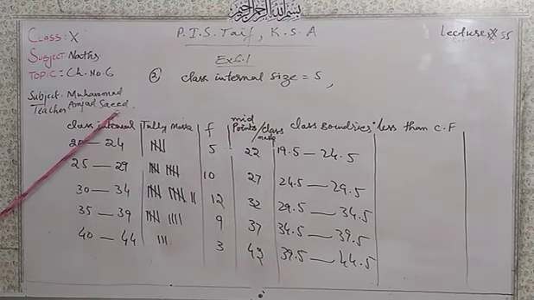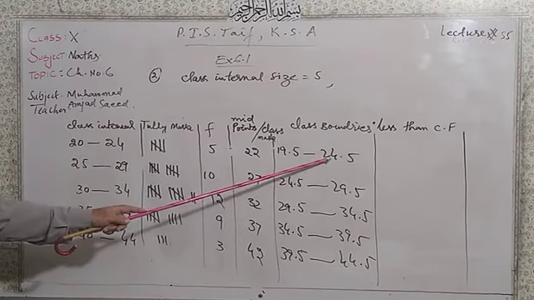And remember that between class intervals and class boundaries there is a main difference. What is the difference? Here in the first class interval, the upper class limit is 24 and the next is 25. So there is a gap of 1 between the upper class limit and the lower class limit of the next class.